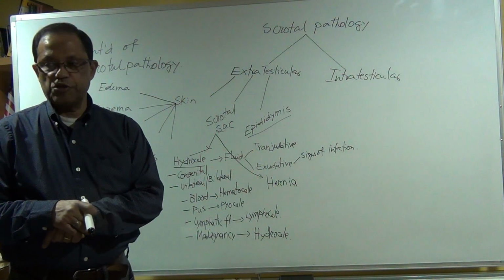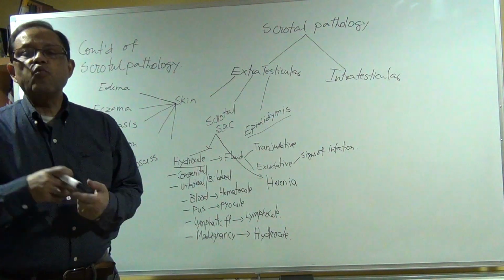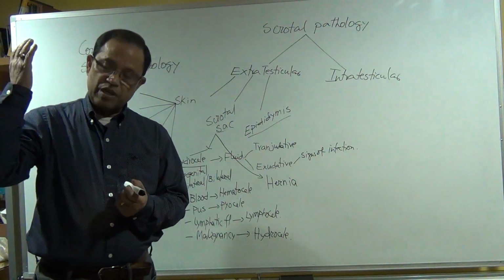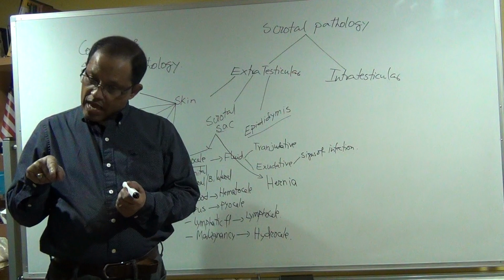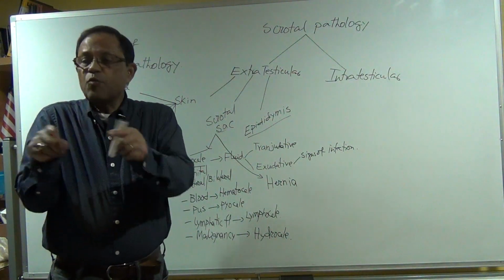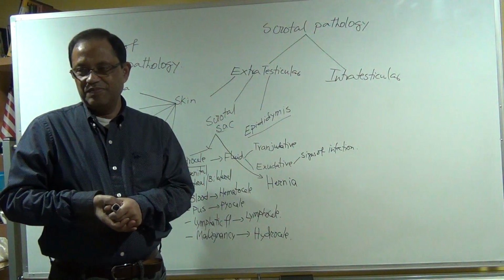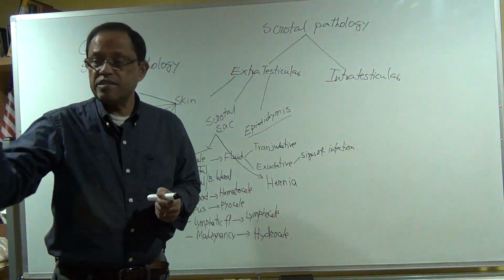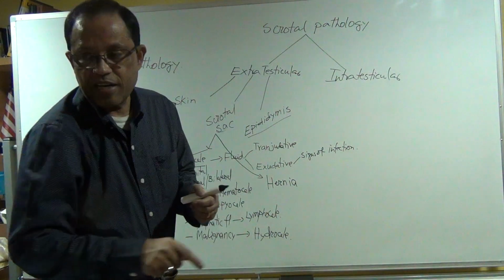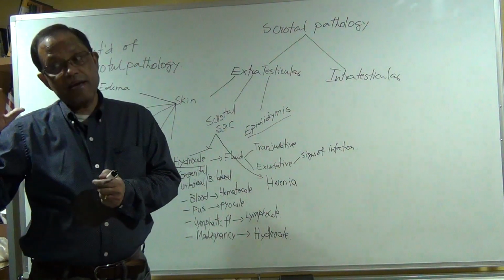Abnormal protrusion of one organ or one tissue or part of the tissue through a normal or abnormal opening. That protrusion is abnormal. It's not supposed to go down through the tunnel, the inguinal canal.